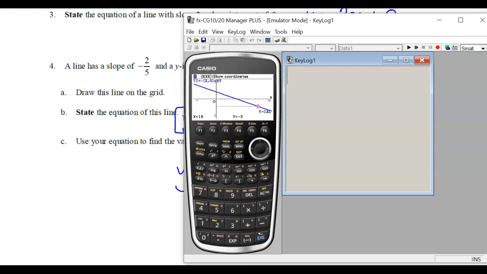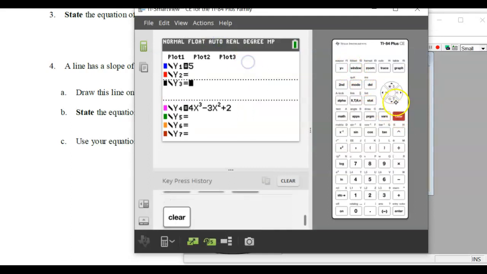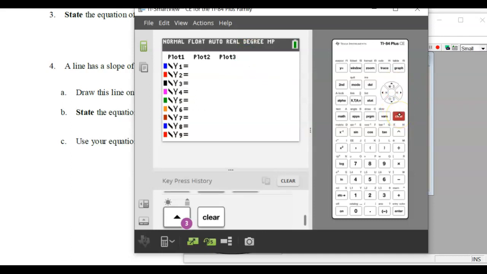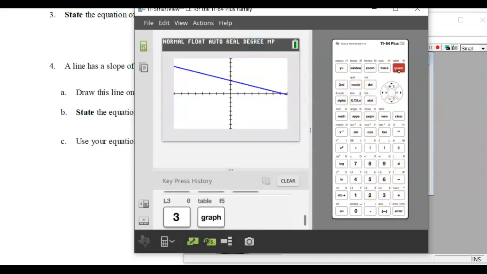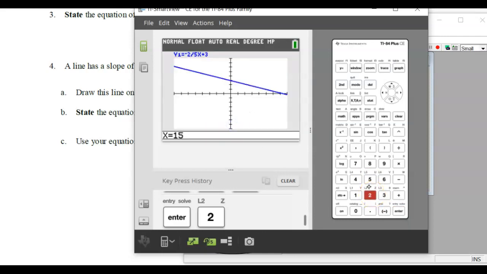Okay, in the TI, I'm just going to go to y equals, clear off these. And then it was negative 2 divided by 5x plus 3. Graph that. If I go trace, it goes right to the y-intercept. If I try to put in 15, it will tell me the same error: the x is too big.